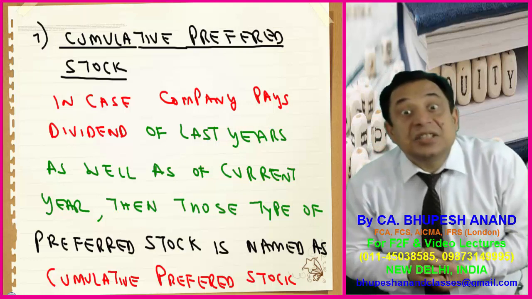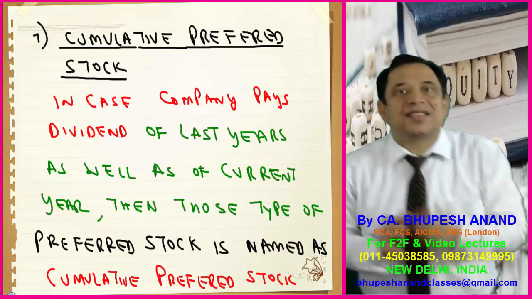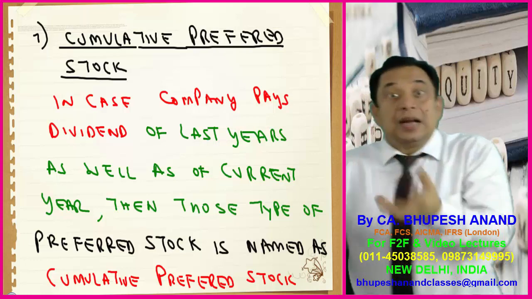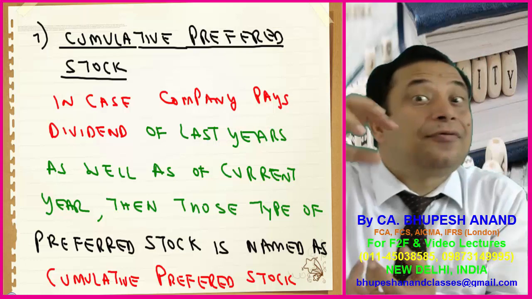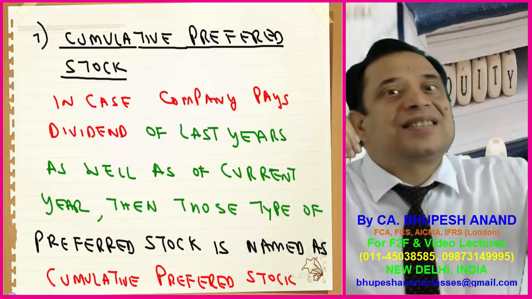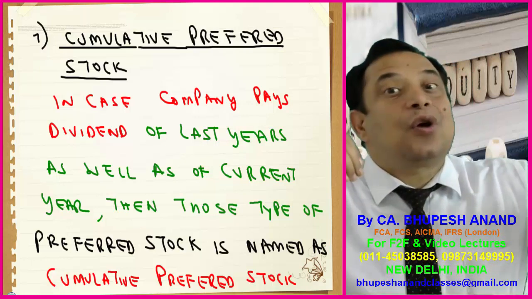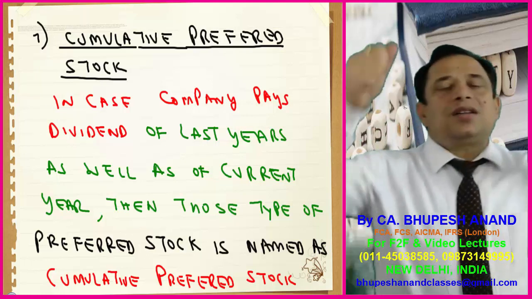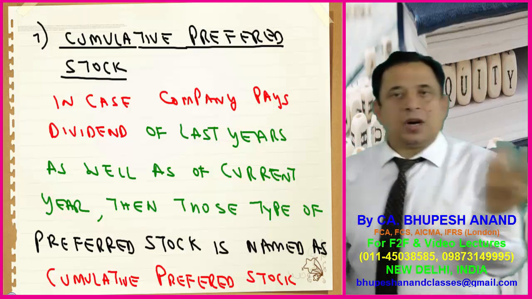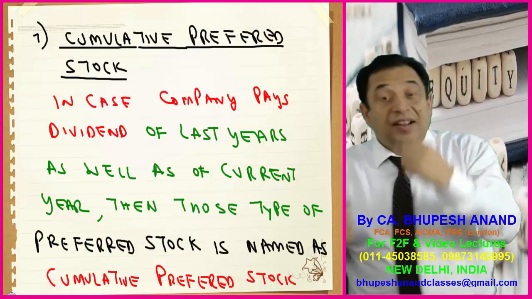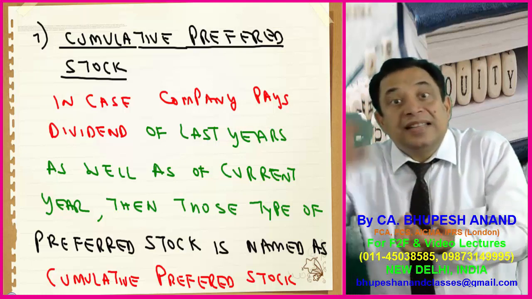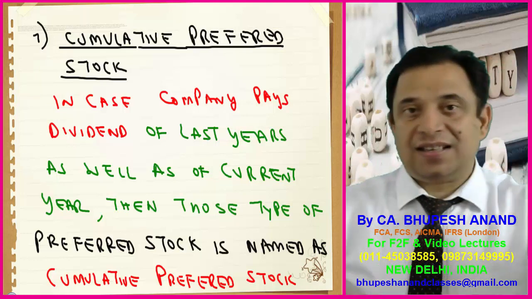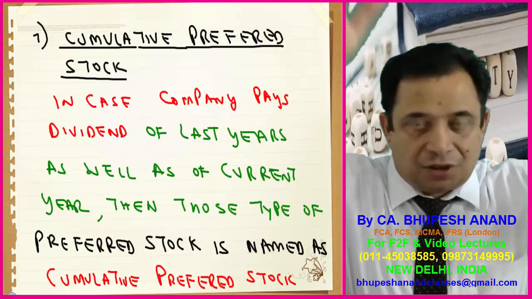But in case these preference holders are cumulative in nature, then in the year of profit, the company has to pay dividend for all those years in which there were losses and the company did not pay those dividends. Supposedly there is a loss in the first year, so the company is not paying any dividend to preference holders. But if in the second year there is a huge profit, then in the second year the company has to pay dividend for the last year, that is the first year, as well as for the second year.